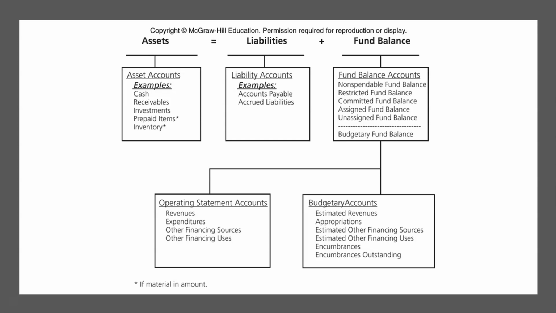And in government at the fund level, typically the chart of accounts includes segments. So you can take an account number and break it down into segments. An example would be the first segment might be a three-digit identifier for the fund. So is it the general fund? Is it a special revenue fund? There'll be a number that will identify which fund it is.